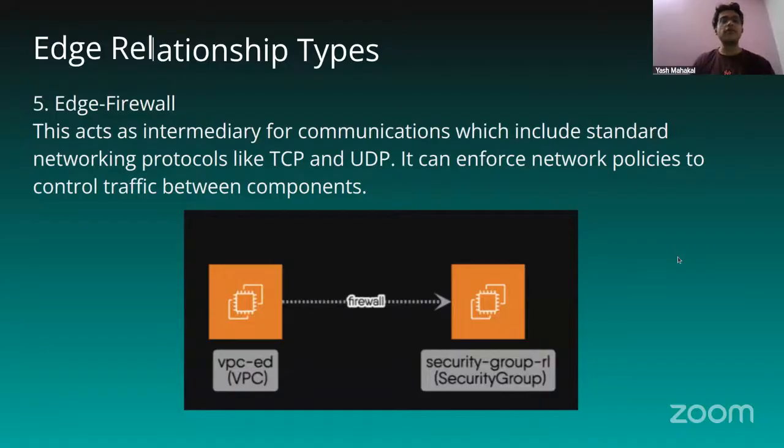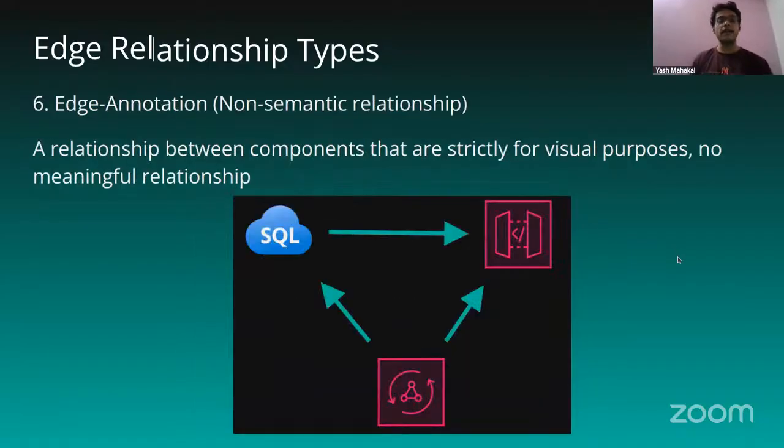And this is a type of edge relationship. The easiest relationship to explain is the edge annotation relationship, and it is a type of non-semantic relationship. It is just a relationship between components that is strictly for visual purposes. For example, you can see here that you don't need to apply any logic. It is just this green arrow.